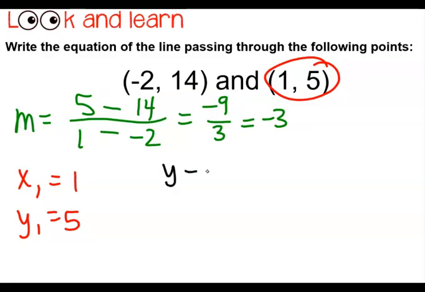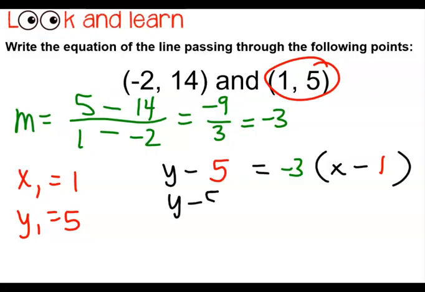Fill it into your point slope formula. The slope is -3, the x is 1, the y is 5. Simplify, watch your signs, and isolate y.